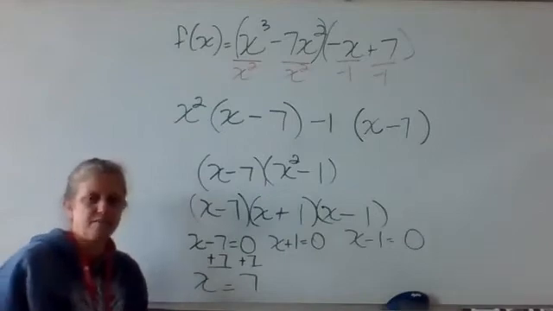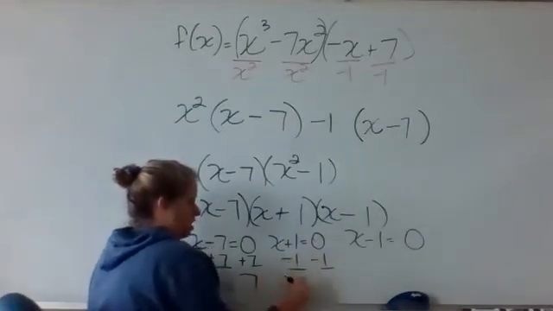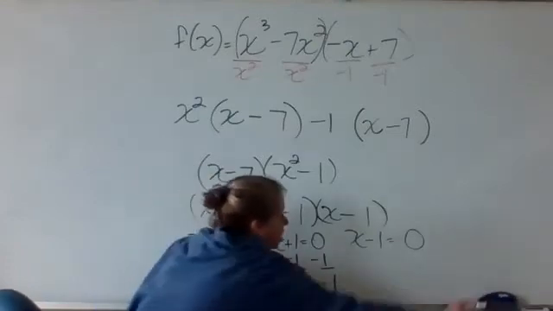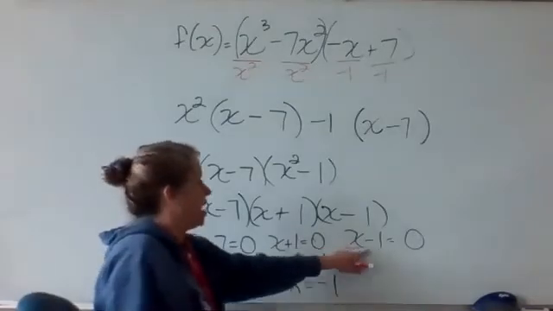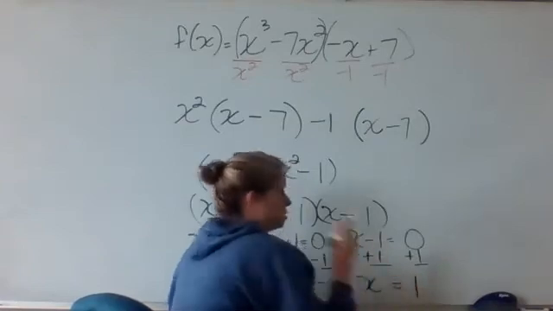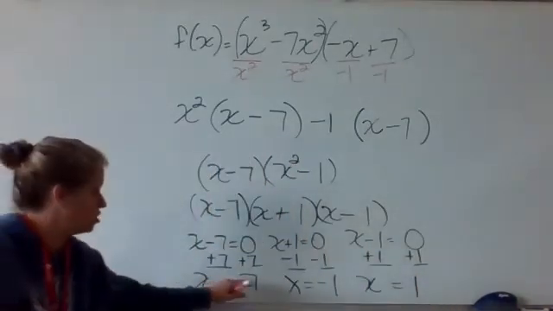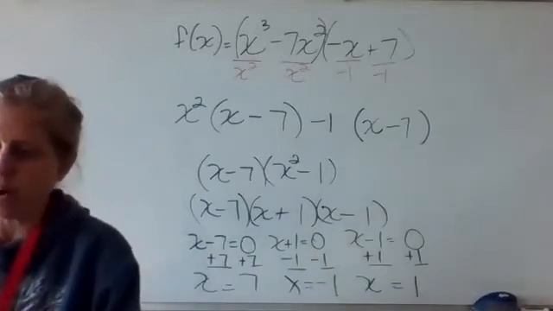So x equals 7. Get rid of your +1 with a -1. So x equals -1. And get rid of this -1 with a +1. So x equals +1. So there's your 3 zeros: 7, -1, and +1.